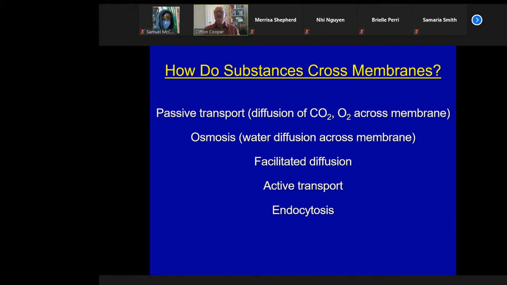An extreme case there could be like one cell eating another one, swallowing it. Then exocytosis, which is basically the opposite. So we have the first 4, and these all involve moving, say, one molecule at a time. Endocytosis and exocytosis both involve moving a lot of stuff at once, bigger objects in or out.